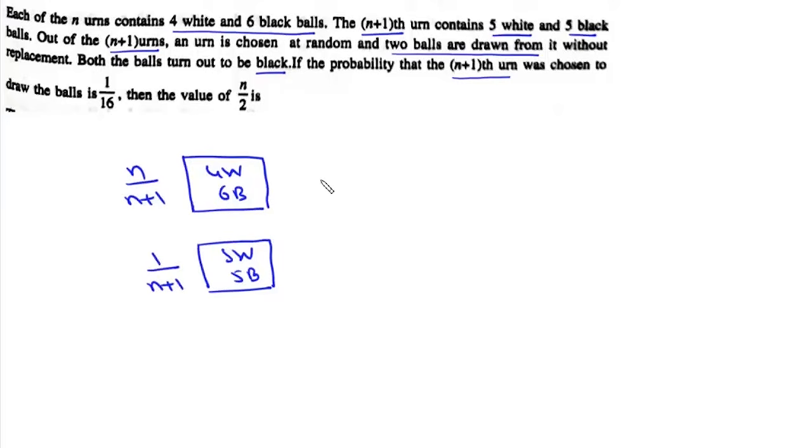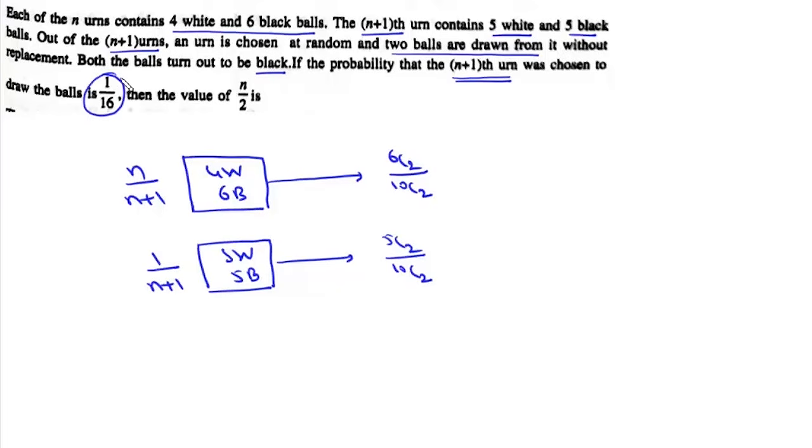Now if we have chosen one of these urns, then the probability of getting 2 black balls is 6C2 upon 10C2. Now in this case, this probability is 5C2 upon 10C2. Now it says the probability that the n plus 1th urn was chosen is 1 by 16.